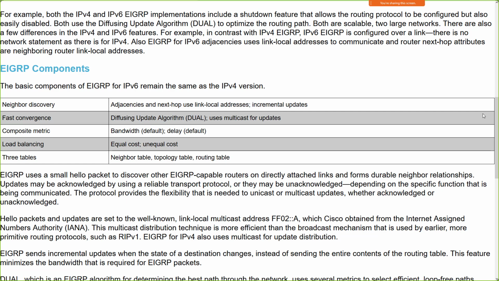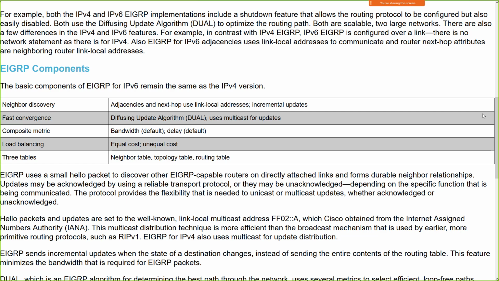And 2 means that it has a link local scope. So it's a non-routable multicast packet. And then the A is the group number, the IPv6 multicast group number.